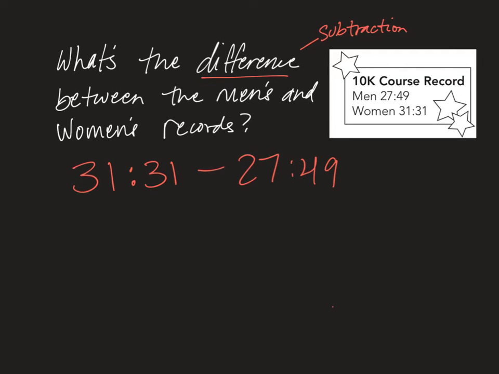So how could I do that? One way that I could do that is I could use my add up strategy. So I could add up from my smaller number to my bigger number and see how much space is in between. So down here, I'd have my smaller number, 27 minutes, 49 seconds, because it took men less time to get around the course.